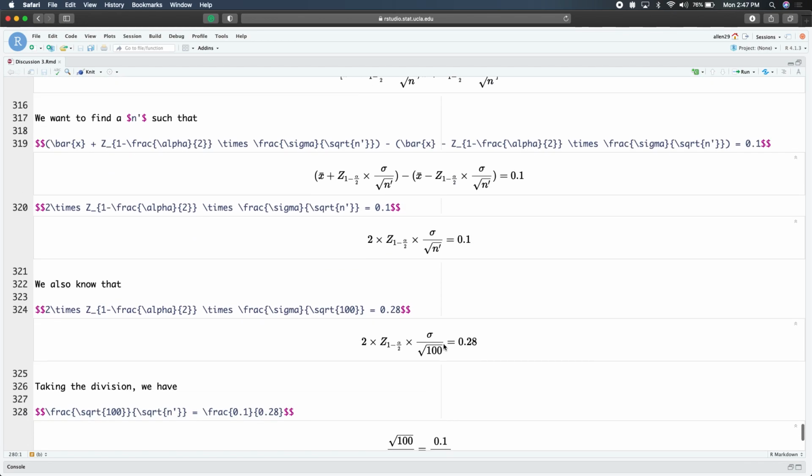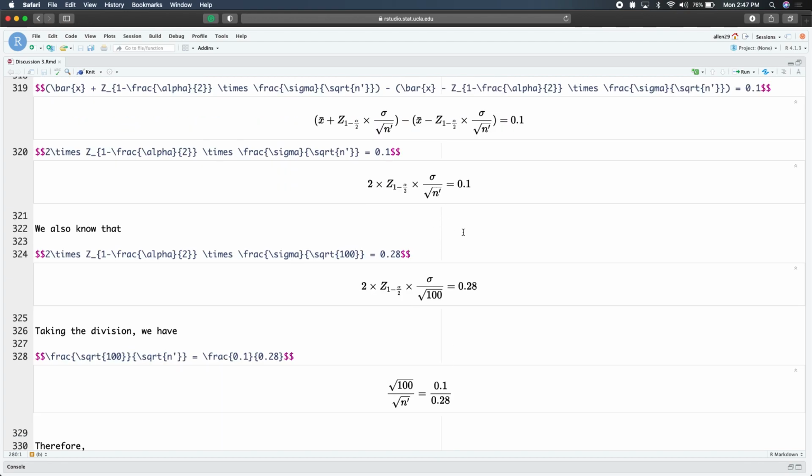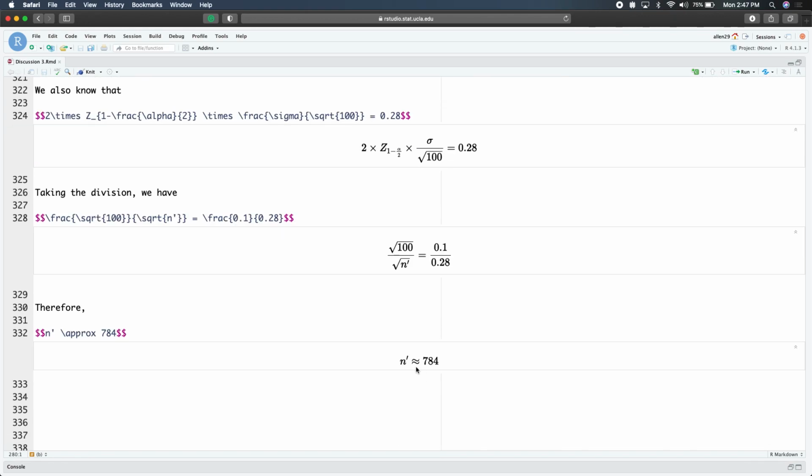We already know that the previous one, which has n equal to 100, is 0.28. We take the ratio, resulting in the ratio of the 2 sample sizes being equal to the ratio of the two ranges, and then we can solve for n, which is the sample size that we need if we want to shorten the width from 0.28. And that should conclude our homework 2.